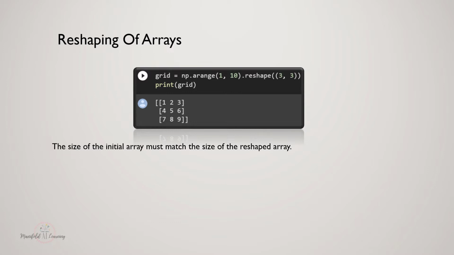Here, np.arange(1, 10) is going to have 9 elements because 1 is included and 10 is excluded, and I'm reshaping it to the shape of 3, 3. So I'll have 3 rows and 3 columns. As a result, you can clearly observe that my one-dimensional array has been converted to a two-dimensional array with the help of the reshape method.